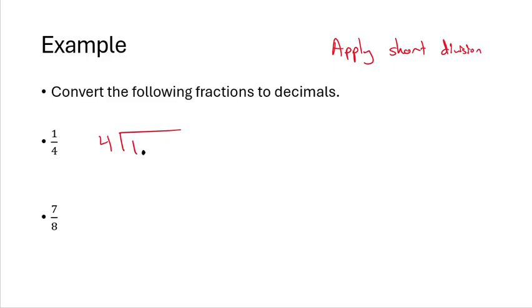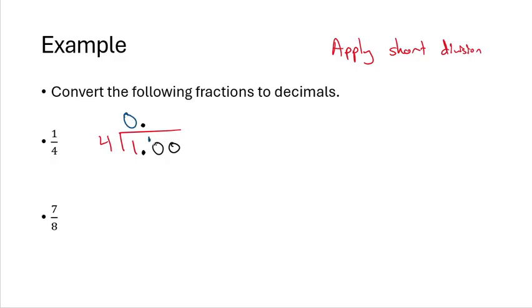What I like to do is I like to put a decimal point here after the 1 and just put it exactly there as well. Because technically, after the 1, you just have a whole bunch of zeros afterwards, okay? Now, obviously, you don't know how many you need, so just chuck in a couple for now, and then we'll just go from there. So 4 goes into 1 time, no times, so you just put a 0 there.